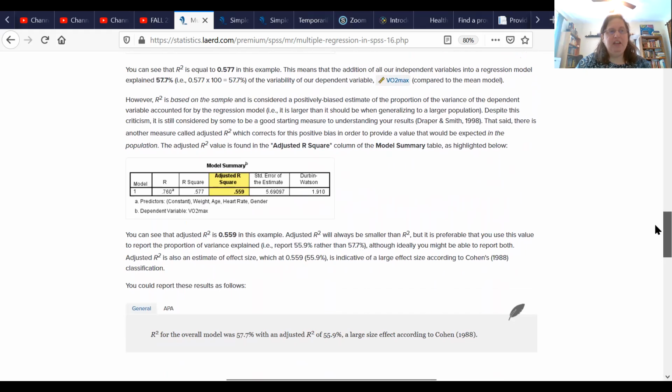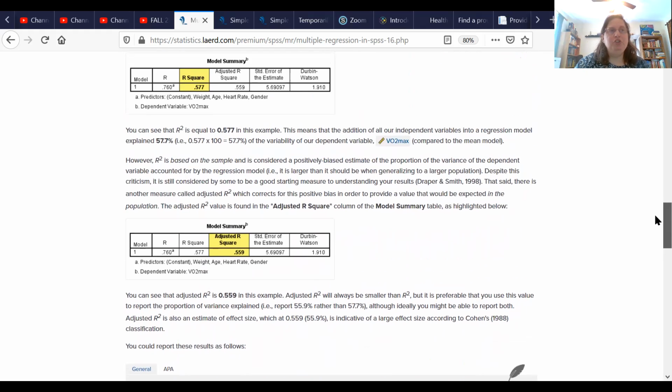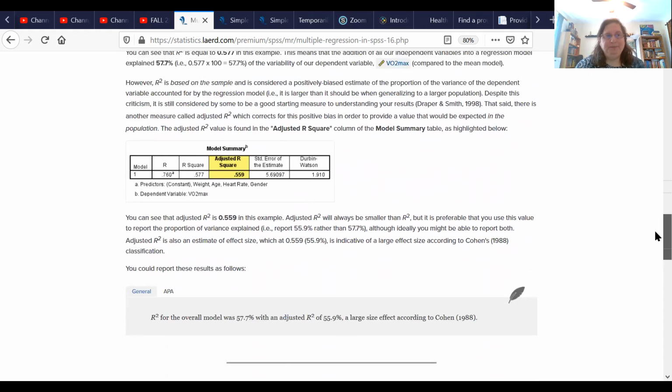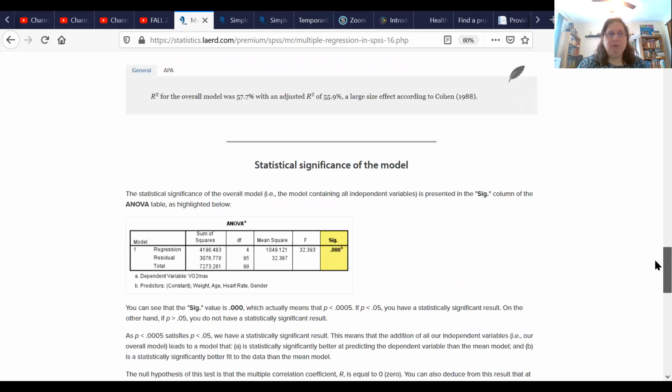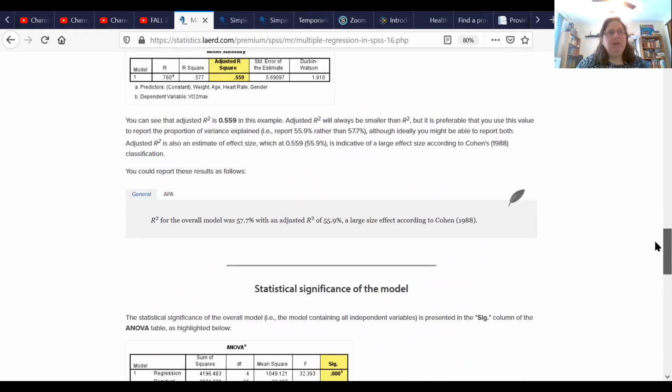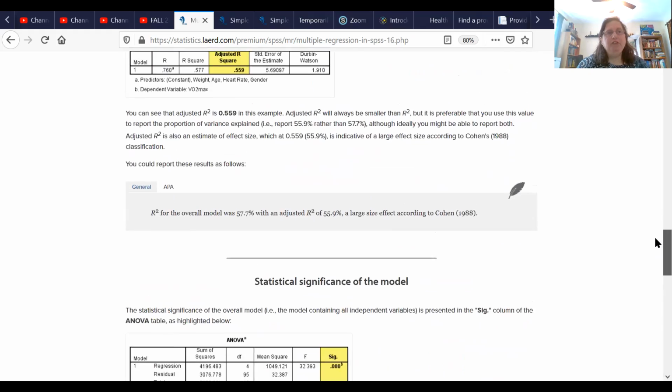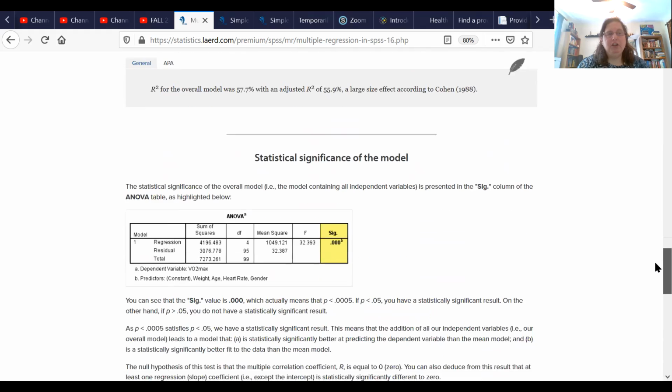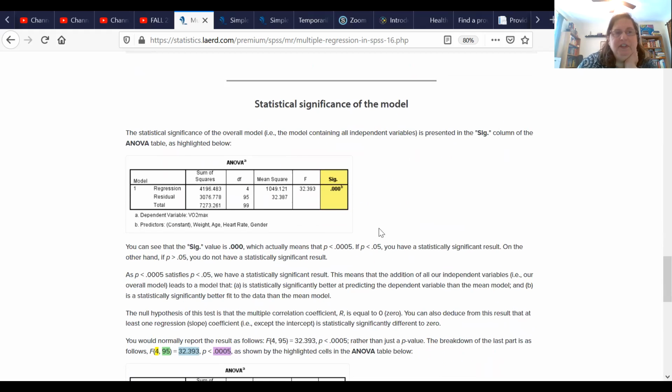Now, I would say that while you don't always have to report R, you should probably report R squared and adjusted R squared. We'll talk more about reporting in a little bit. Then we come down to the ANOVA. So far it's looking good, right? Here's our sig value, P less than 0.001.